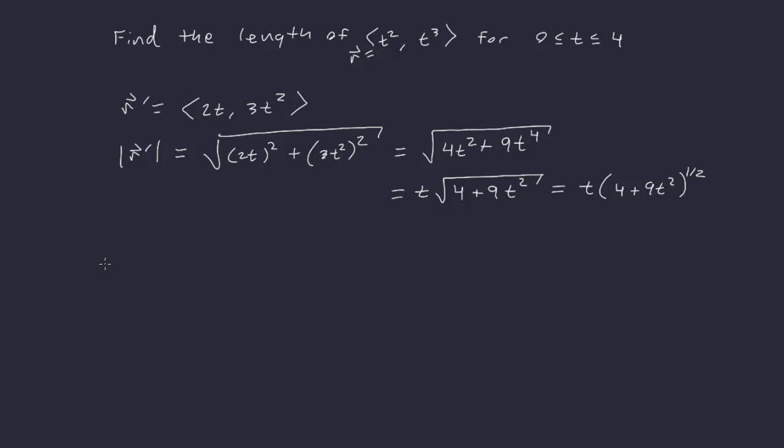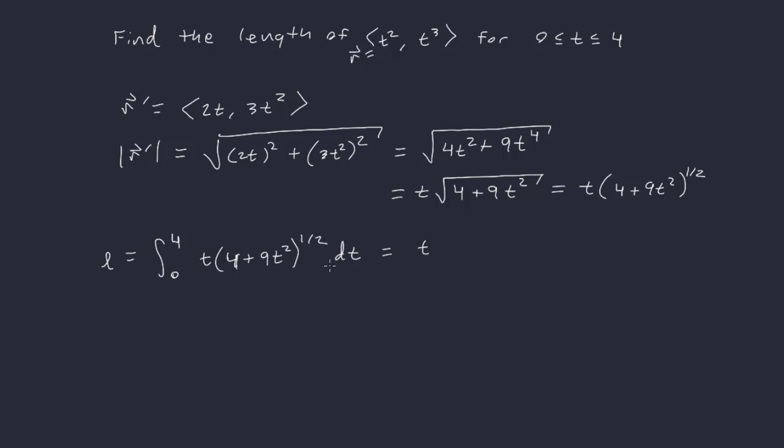So the length is going to be the integral from 0 to 4 of t times 4 plus 9t squared to the 1/2 dt. This will be a u substitution, but instead I'm going to do a quick u substitution. I'm going to leave the t and pretend the inside stuff isn't there.